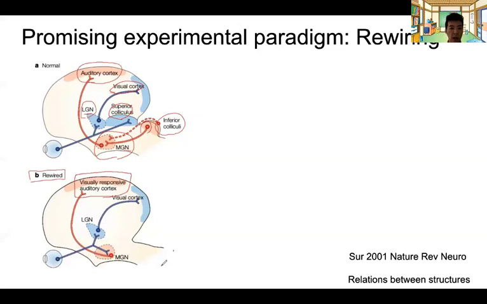They also cut the connection from the auditory apparatus, like the cochlea, to MGN. So the auditory cortex in this case developed like an auditory cortex. This was done mainly in ferrets, and then they also performed various interesting behavioral experiments.